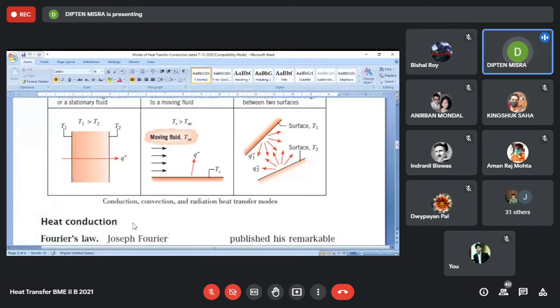Once we find that, we can integrate it to find the rate of heat transfer through the entire surface. The rate of heat transfer per unit area is known as the heat flux.